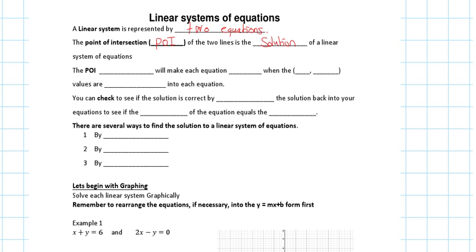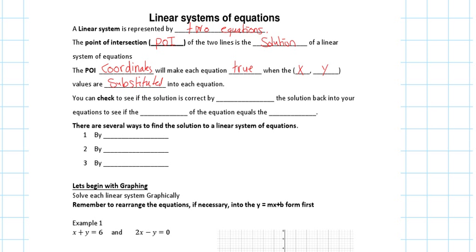The POI coordinates are the values of x and y that will make each equation true when the x and y values are substituted into each equation. I'll show you what I mean when I do the example.